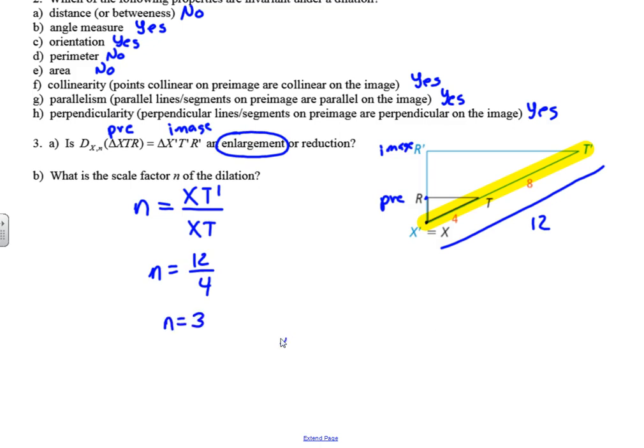Here's another way of thinking about it. If T is 4 units away from the center of dilation, if we multiply 4 times 3, T prime will now be 12 units away from the center of dilation.